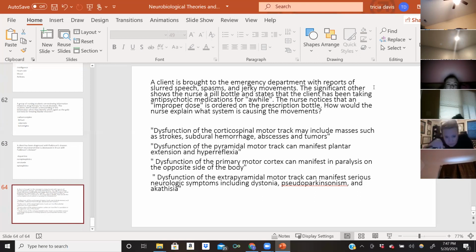Or dysfunction of the extrapyramidal motor tract can manifest serious neurologic symptoms such as dystonia, pseudo-Parkinsonism, and akathisia. The last one, D. Yes, very good. Those are your EPSs.